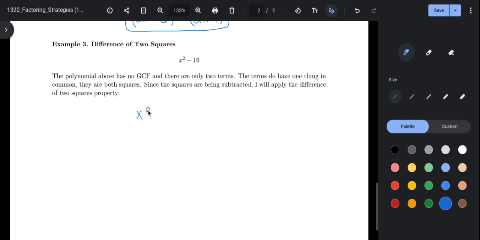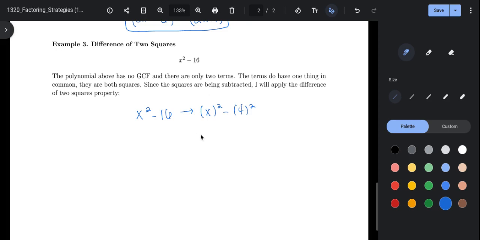And so here's what I mean by that. Well, we already have x being squared. And then what squared gets us 16? That's going to be 4 squared. So I've expressed these as squares.